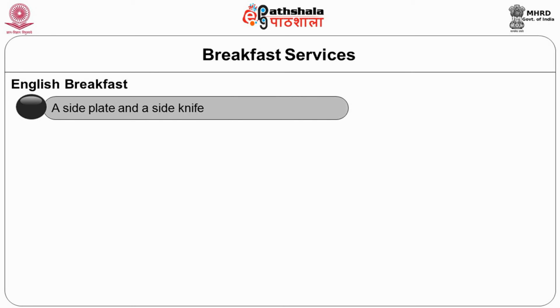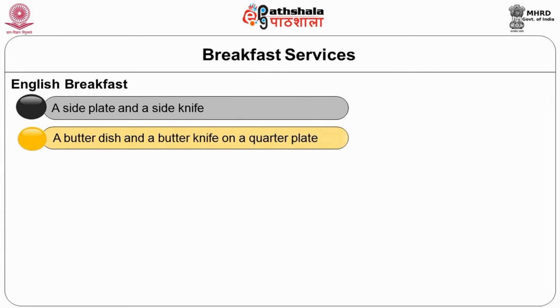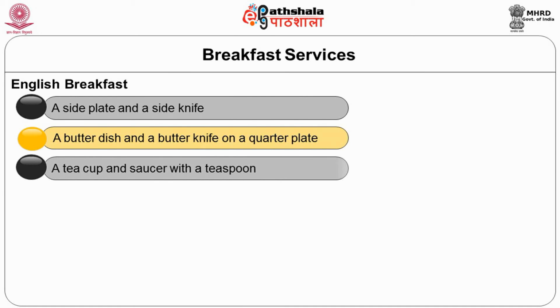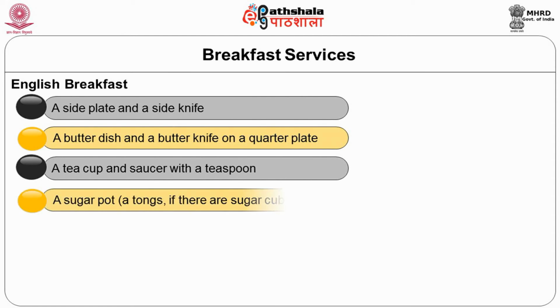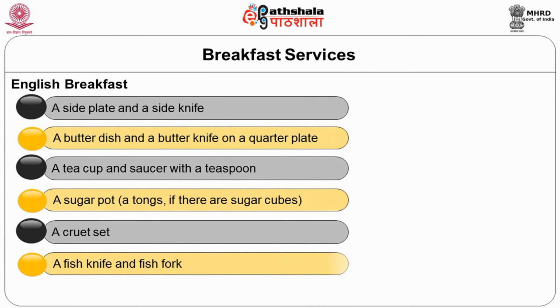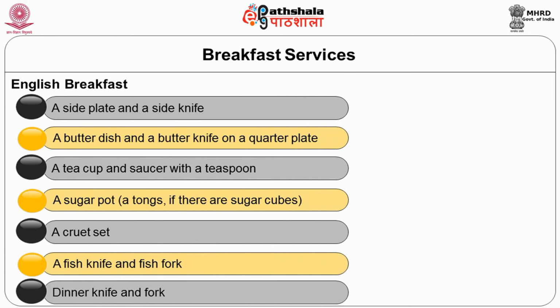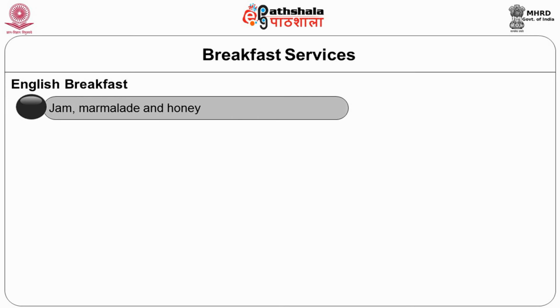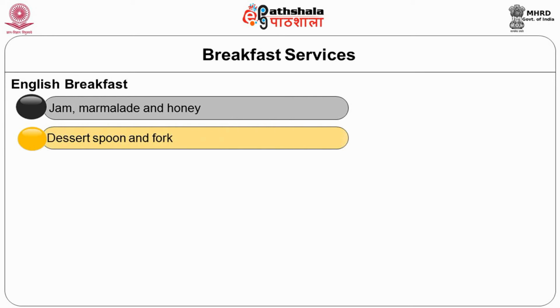The cover for an English breakfast consists of a side plate and a side knife, a butter dish and a butter knife on a quarter plate, a teacup and saucer with a teaspoon, a sugar pot with tongs if sugar cubes are offered, a cruet set, a fish knife and fish fork, dinner knife and fork, jam, marmalade and honey, dessert spoon and fork, and a serviette.